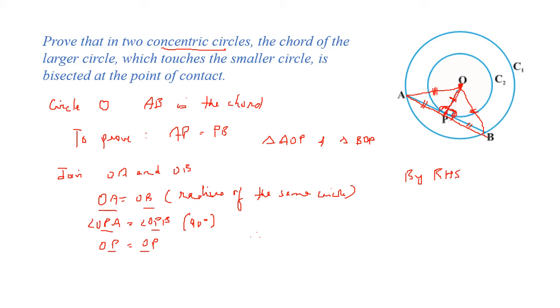So by RHS, triangle AOP is congruent to triangle BOP. Therefore, AP equal to BP. So this normal bisects the chord, means cuts the chord into two equal parts. The chord of the larger circle which touches the smaller circle is bisected at the point of contact, which is what we have proved.